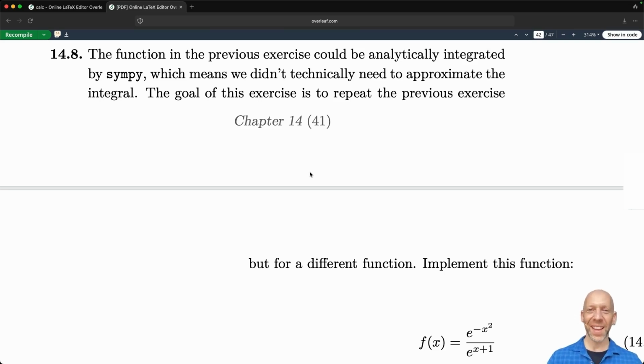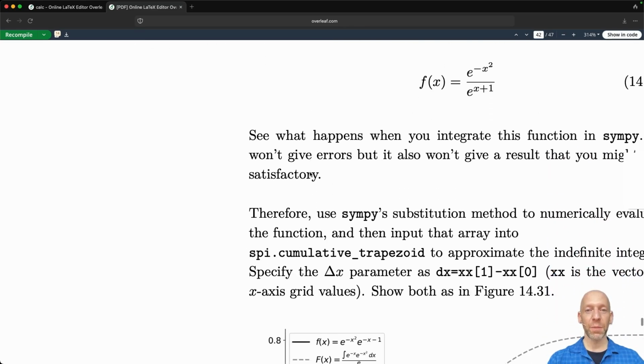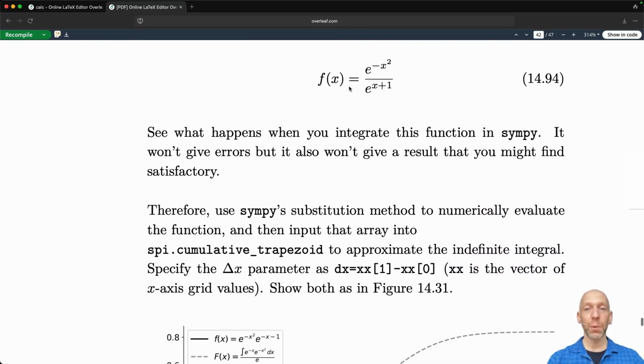But in this exercise, we're going to use a different function that SymPy cannot integrate. So here's the function: f of x equals the ratio of e to the minus x squared in the numerator and e to the x plus 1 in the denominator.